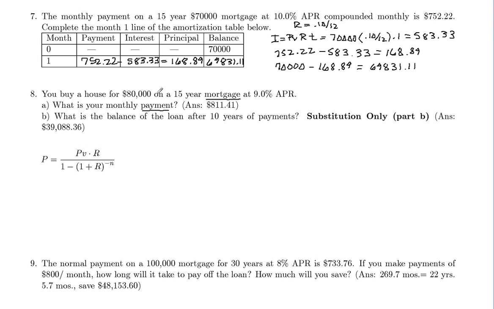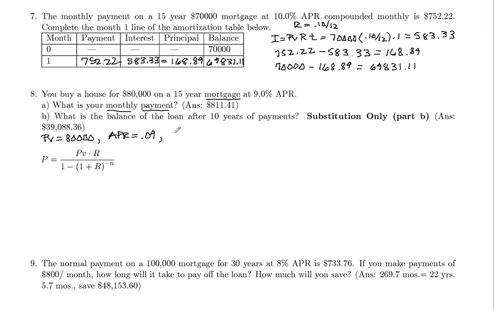And now let's lay the pieces out here. You buy a house for $80,000. That's your loan amount. That's PV, the start amount of your loan. And it's a 15-year mortgage. That's going to help us figure N. 9% APR, so APR equals 0.09. What is your monthly payment?